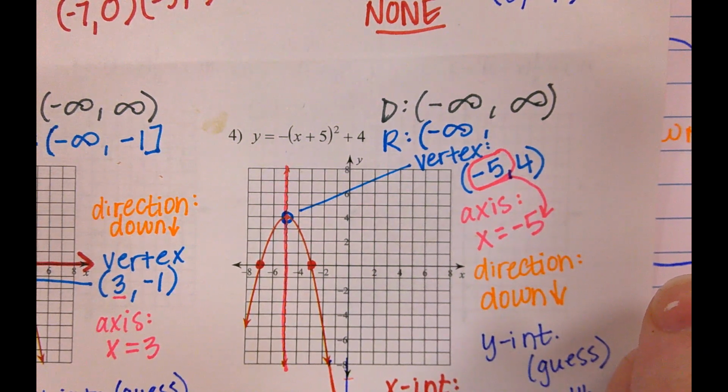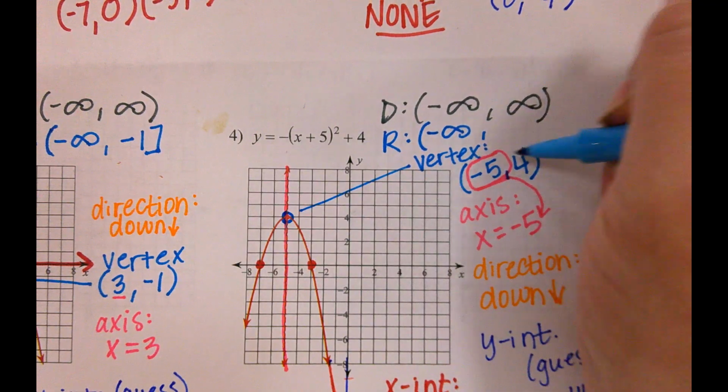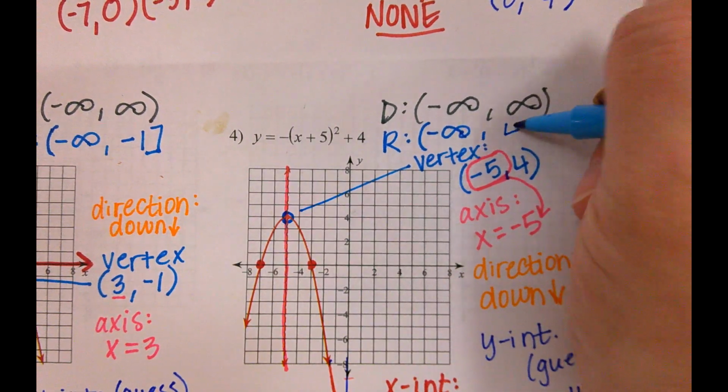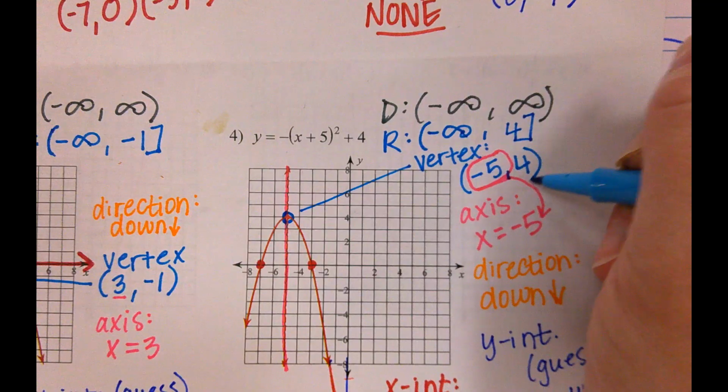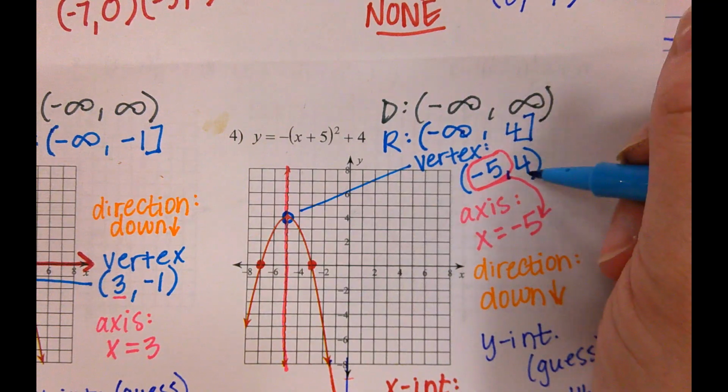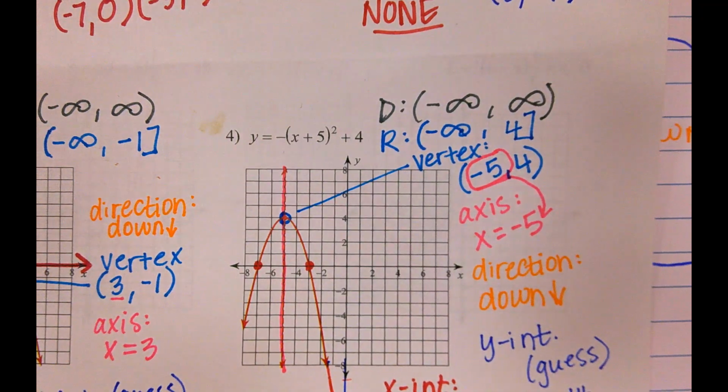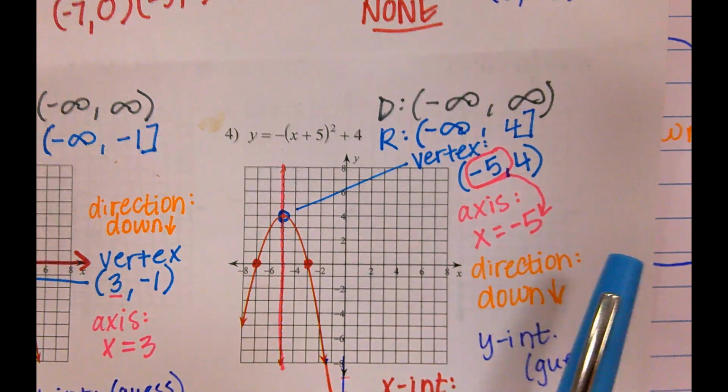It's 4. It matches the vertex's y value. See that? Our answer over here. If you can't find the range, it always matches the vertex.